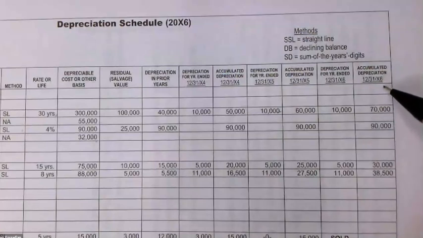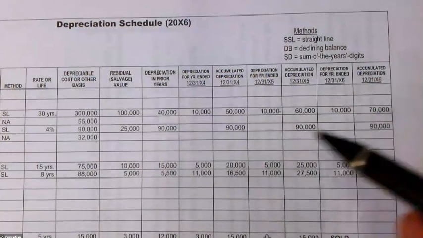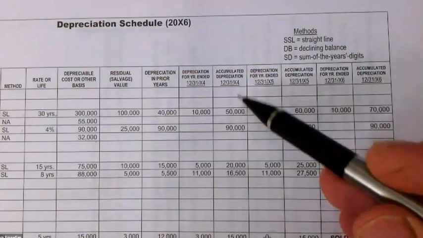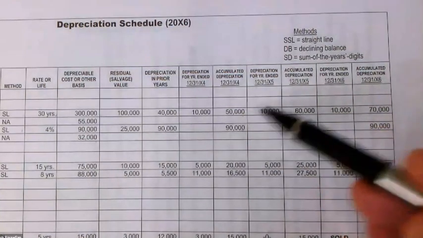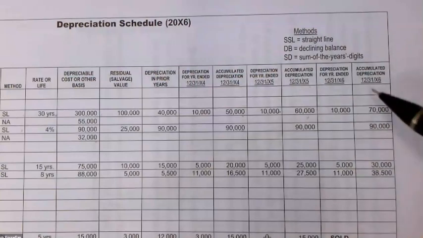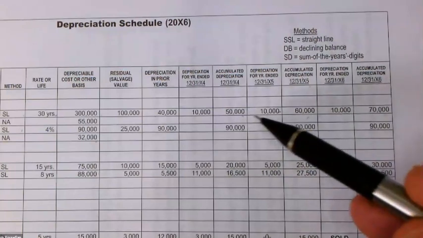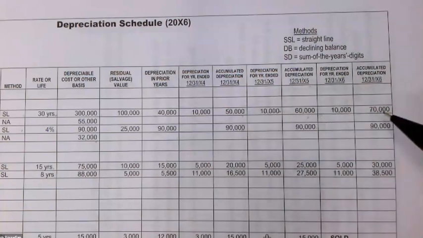Accumulated depreciation as of the date, 2016, is now $70,000. Accumulated depreciation in 2014 was 50, in 2015 was 60, and at the end of 2016 is now 70. So you see, every year the accumulated depreciation keeps going up, 50 to 60, 60 to 70.